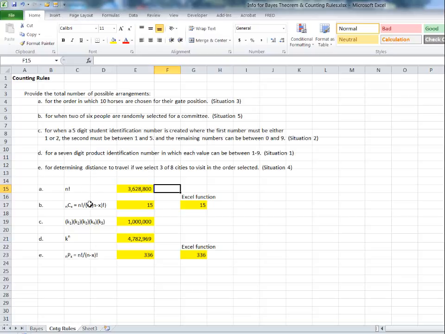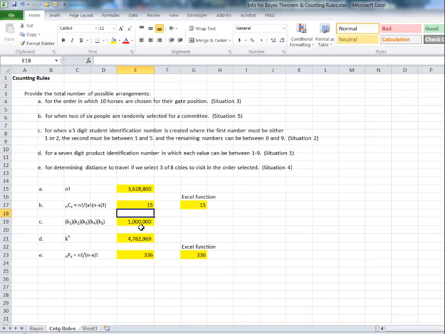So we have what we would call a combination. So n factorial, so 6 factorial, divided by 2 factorial times 6 minus 2 factorial, or 4 factorial. So there are 15 different ways that could happen.